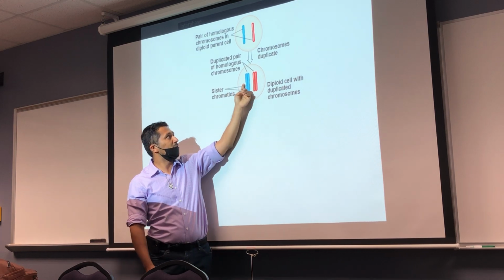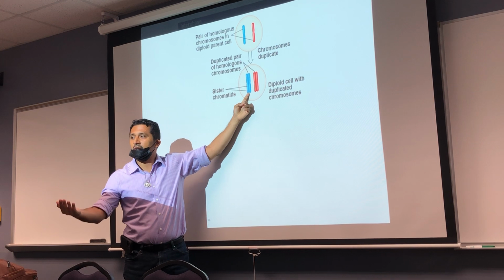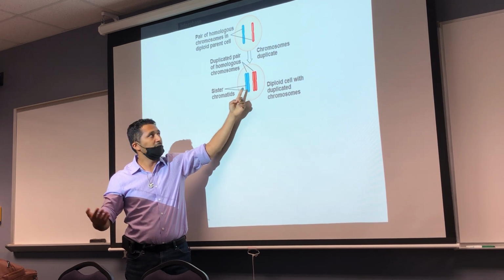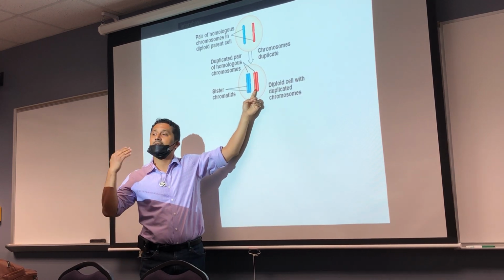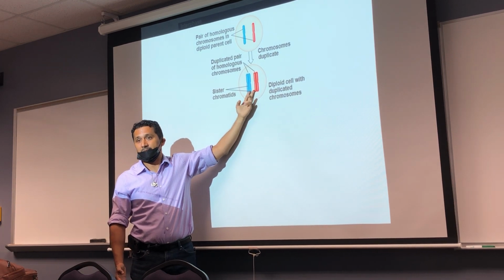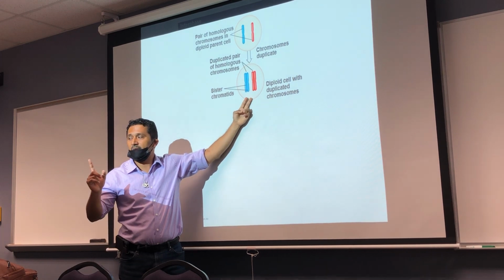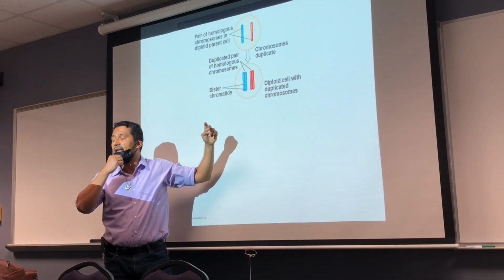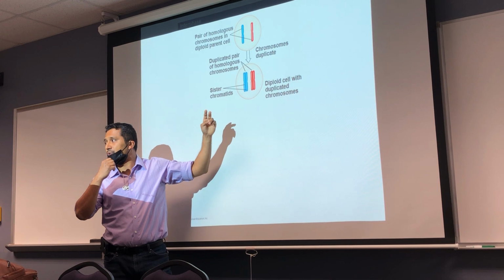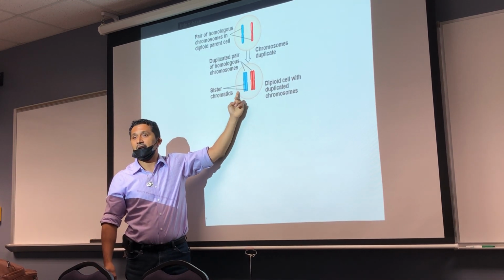So that is the gene right there, right? So these are identical to one another because they went through the S phase, right? These are identical to one another because they went through the S phase. But these, they might be or they might not be. These are the non-sister chromatids, okay? So keep that in mind. Whenever I ask you to identify or draw sister chromatids and non-sister chromatids, make sure you are able to identify them, okay?